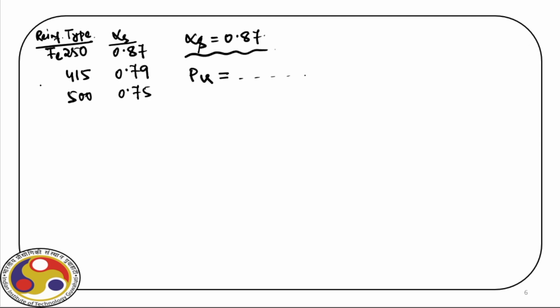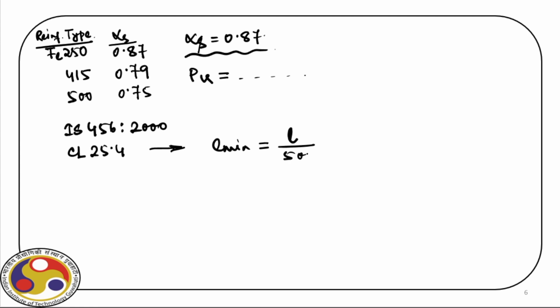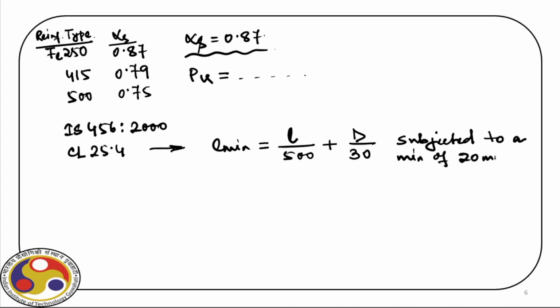So, the minimum value of eccentricity as per IS 456:2000, clause number 25.4, E min is equal to L by 500 plus D by 30, subjected to a minimum of 20 millimeter.